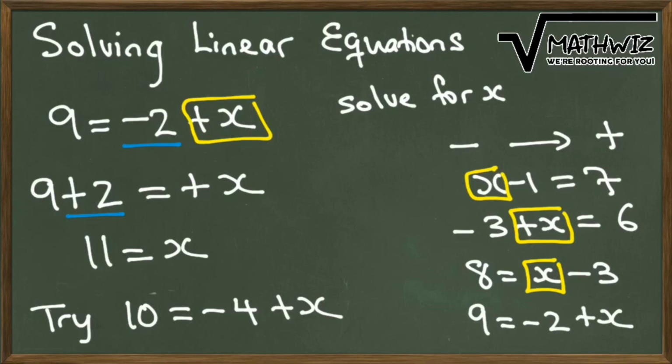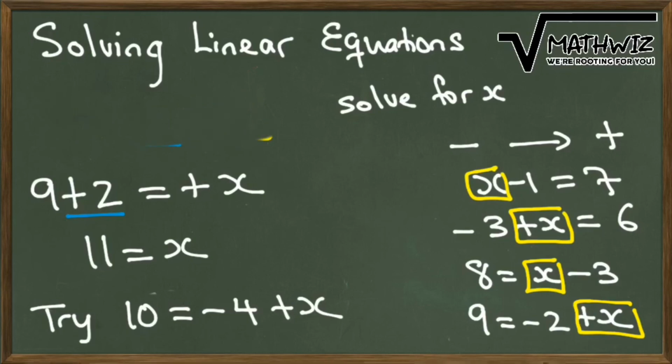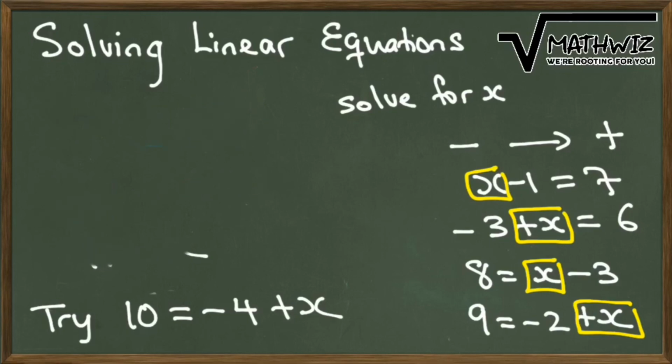So I'm just writing it here so you can see and compare the different examples that we did and look at the difference. All right, so provided you stopped and worked it out, we have 10 is equal to minus 4 plus x.